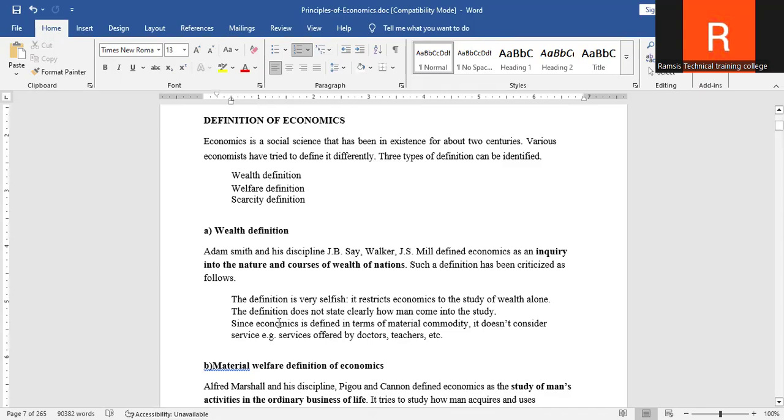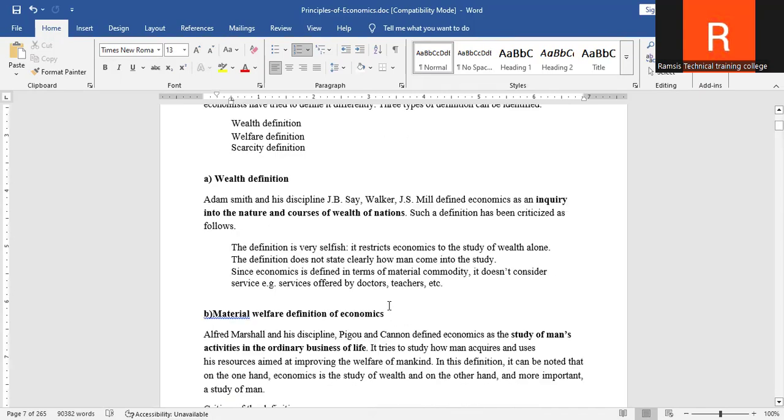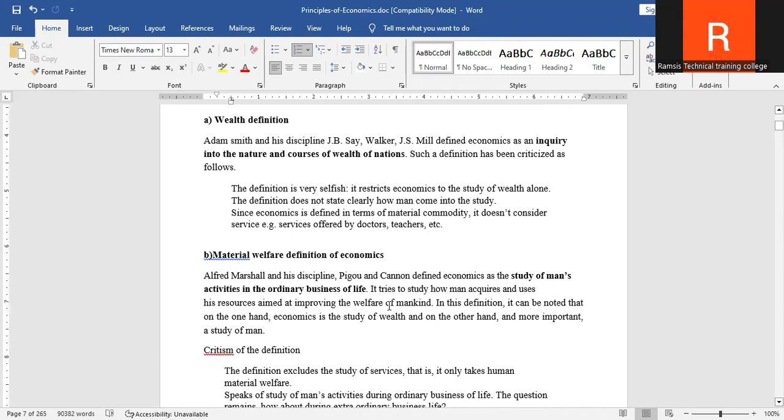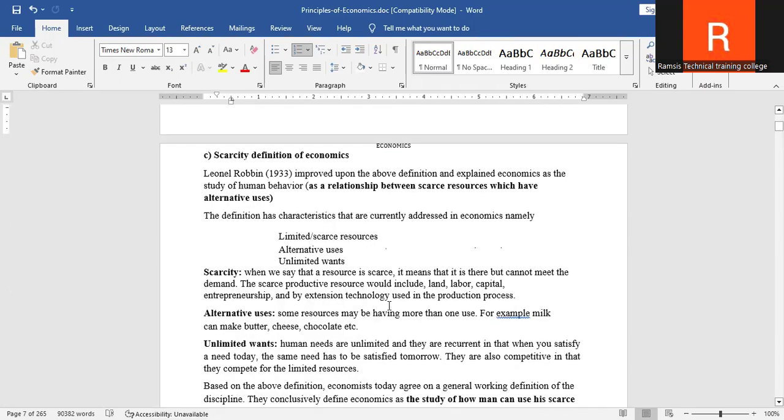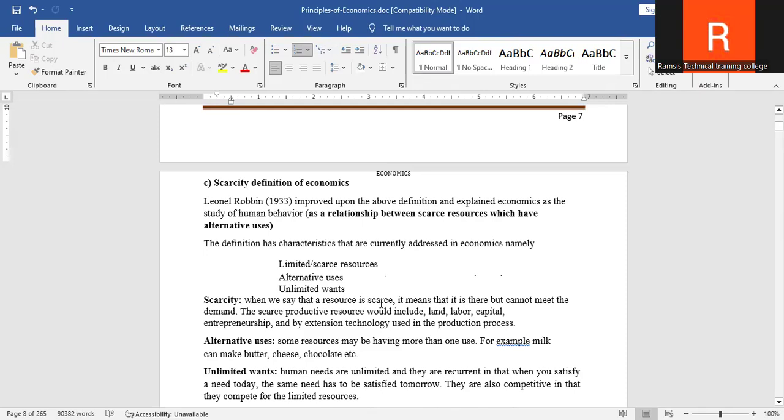We are talking about material welfare. We are talking about things to do with scarcity. And we also need to know what scarcity is all about.